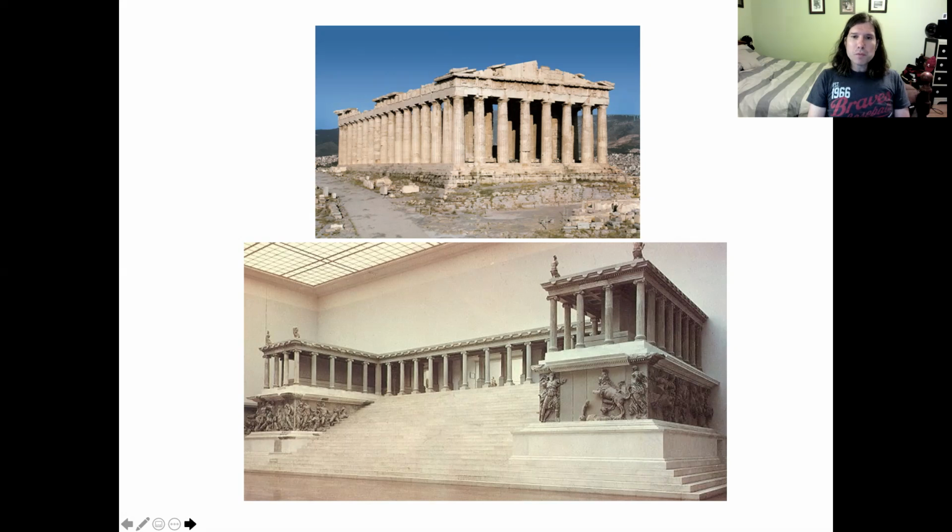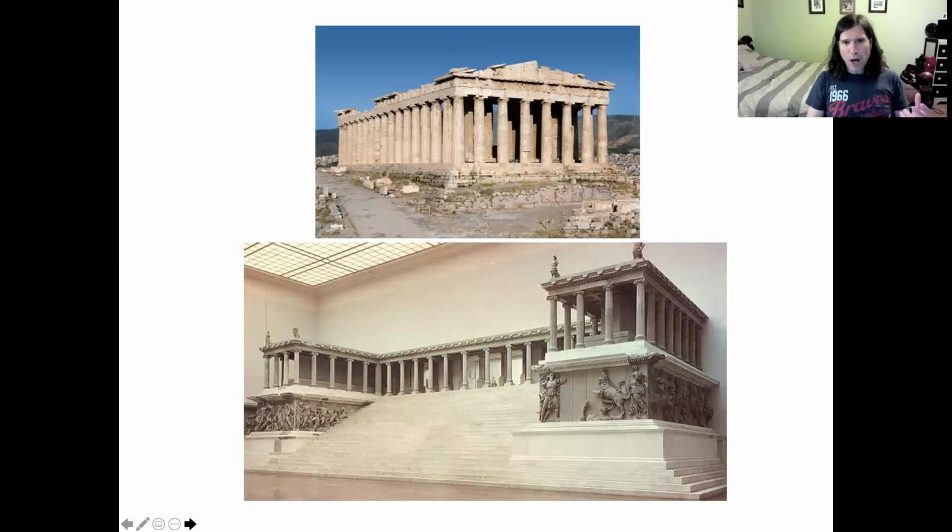But if you look a little more closely, you'll see that in a lot of ways, the altar of Zeus is sort of like the Parthenon turned on its head. For instance, in the Parthenon, the sculpted frieze is meant to be looked at, but it's not the primary attraction in the way that the frieze of the altar of Zeus is.